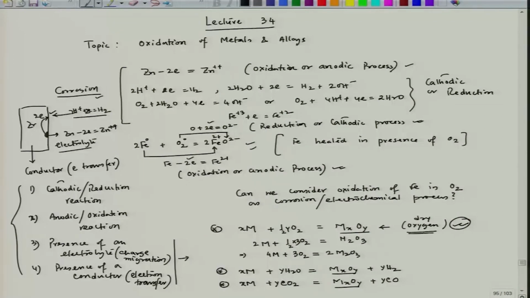Now, coming to the processes that could happen on the metal surface, we can have a series of processes. When the metal is exposed to oxygen, oxygen can get absorbed on the surface. This will be followed by nucleation of metal oxides, and then coverage of the metal surface by a metal oxide film.